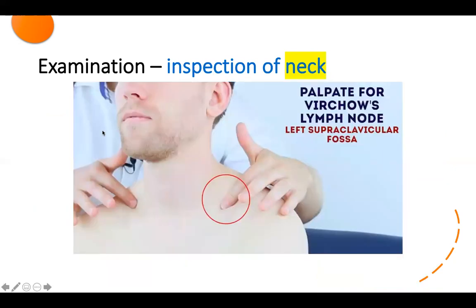Okay, so now we've inspected the surroundings, we inspected the patient, did the hands, moved up to their face, and we're going down to the neck. So in the neck, the main thing you want to do is palpate for Virchow's lymph node, which is in the left supraclavicular fossa. So what do you guys think is the significance of palpating the Virchow's node?